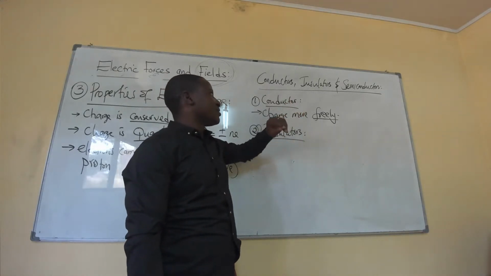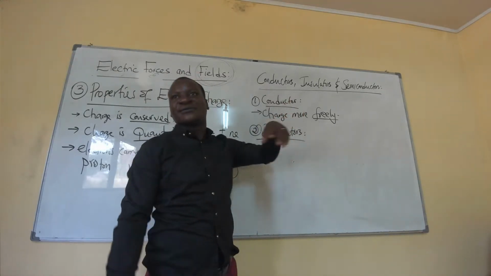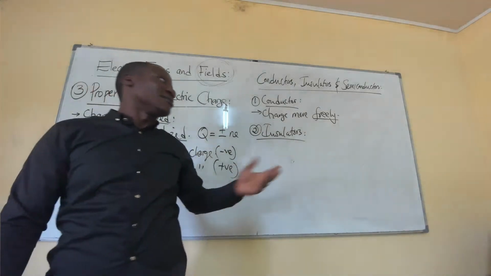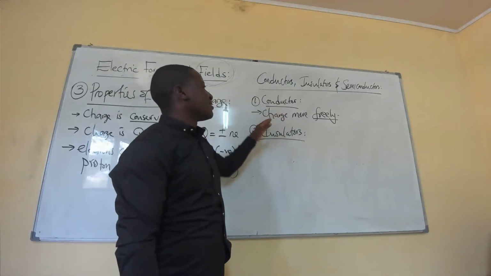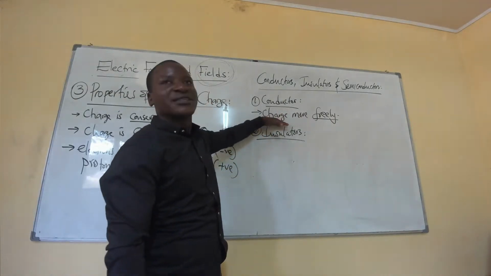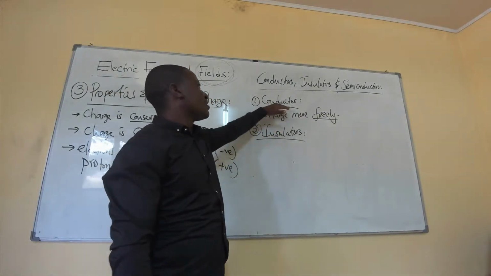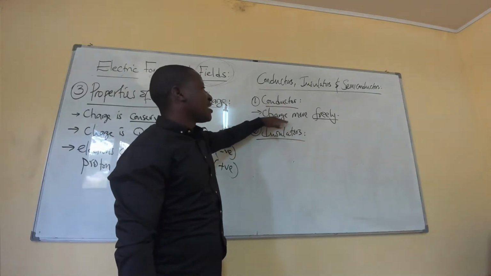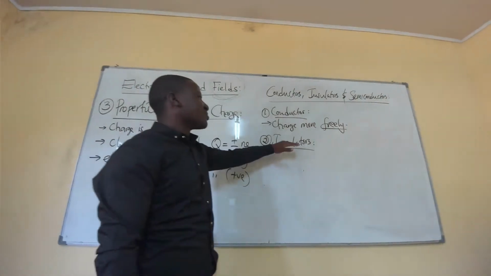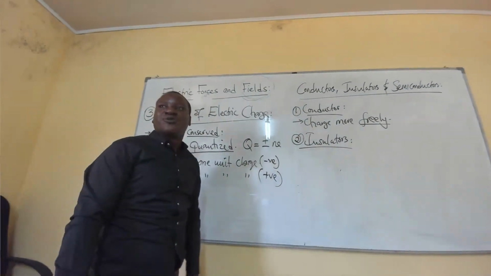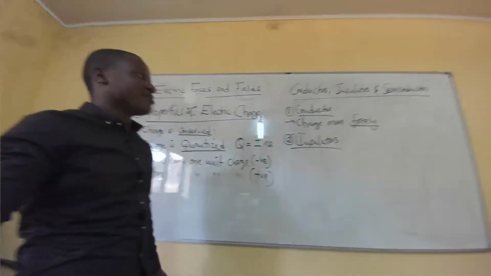You need to know, for example, you have iron, you have steel, whatever you want to mention. What is important is just to know the definition. To say, in a conductor, charge actually moves in a free manner. So in insulators, charge cannot move through. That's what is important.